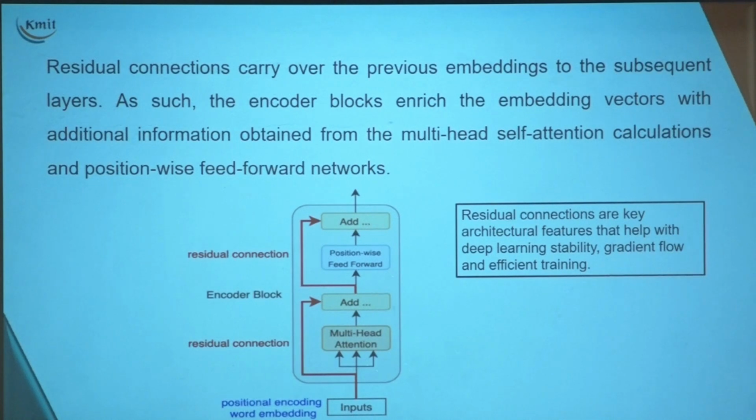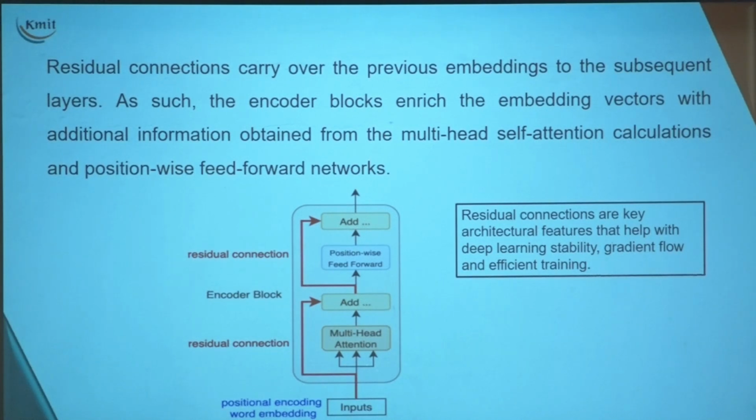Residual connections are key architectural features in transformers that help in what? Deep learning stability, gradient flow and efficient training. Hence, I use residual connections 2 times. When do I use that? After I perform multi-head attention, I use a residual connection, that is adding and normalization. After the feed-forward network also, I again use a residual connection by performing adding and normalization.